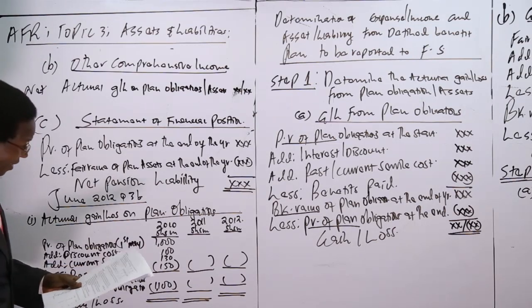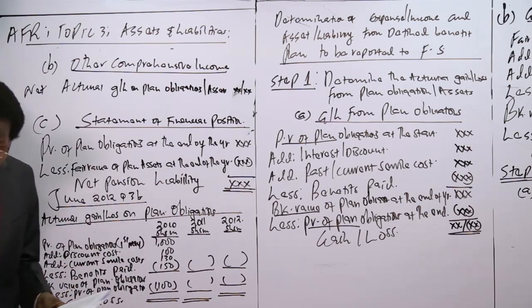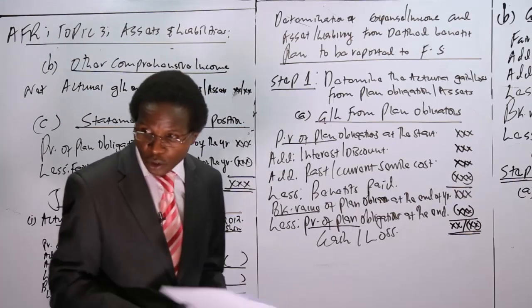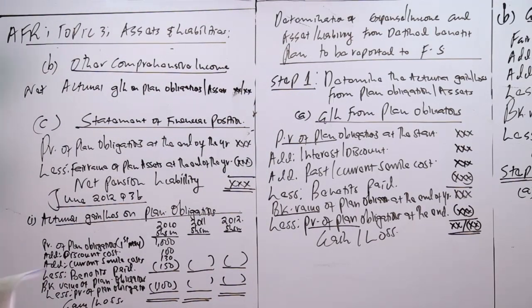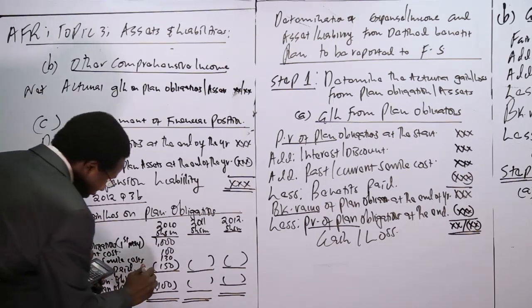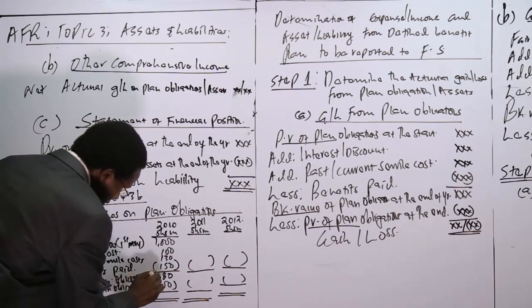Fine. So that's it. Now let me take my calculator so that I'll be able to calculate those figures. I say 1,000 plus 100 plus 130 minus 150. So up to that point, I'm getting 1080.